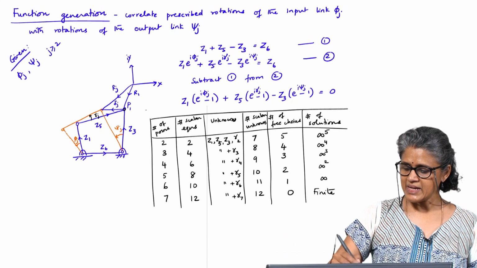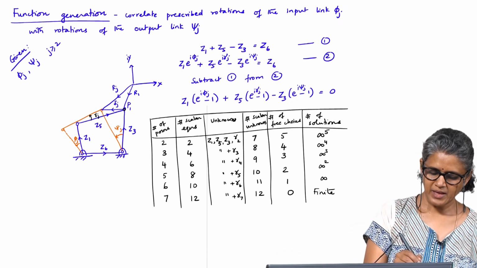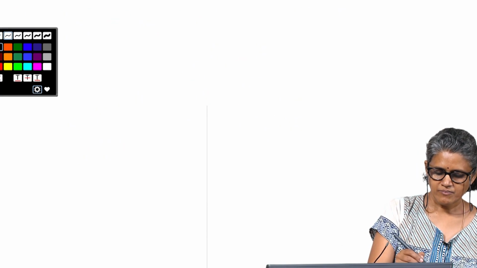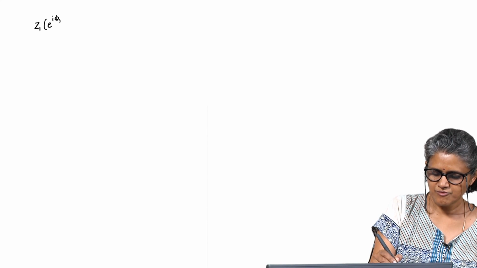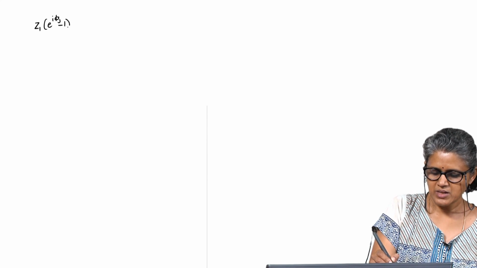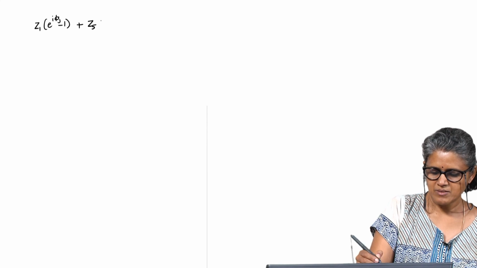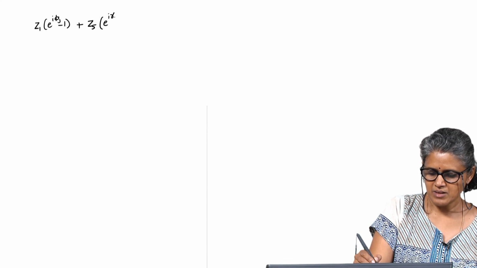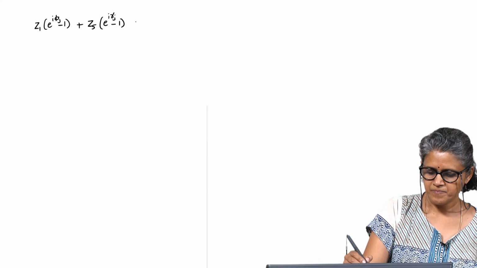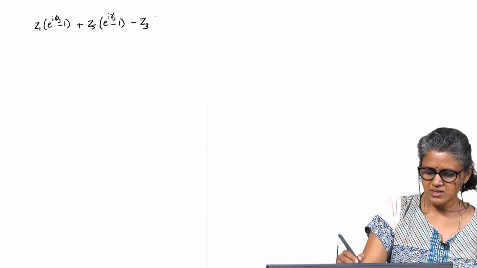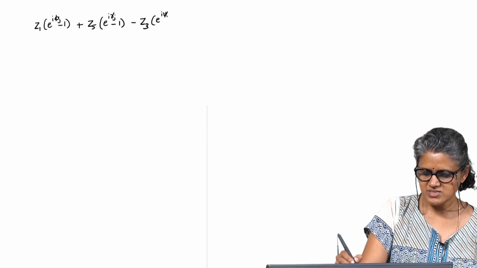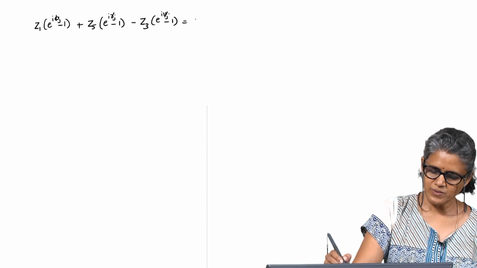Now, I can rewrite this equation in a different form. I have z1 e power i phi j minus 1, plus z2 e power i gamma j minus 1, minus z3 e power i psi j minus 1, equal to 0.